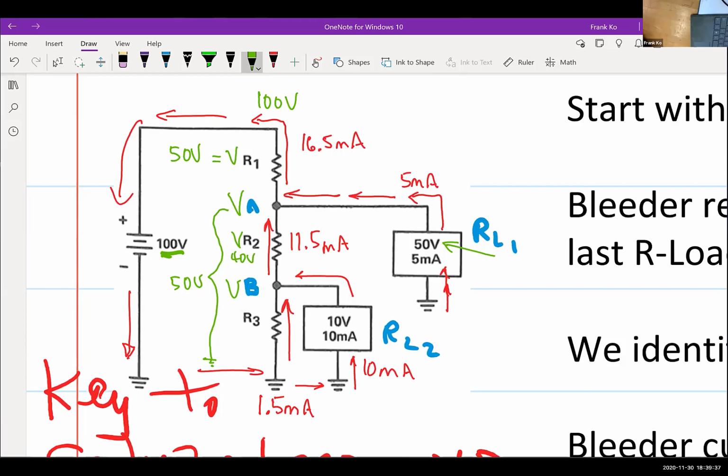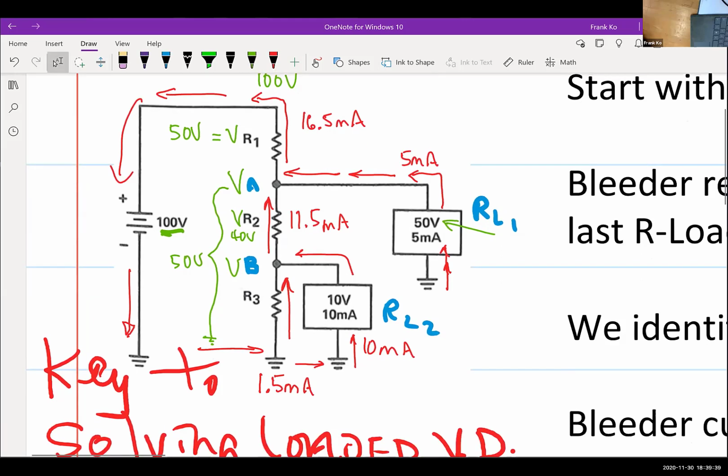How about VR3? VR3 is the same as my load, RL2. Yes, R3 is in parallel with the second load resistor. So if the voltage across the second load resistor is 10 volts, then VR3 must also be 10 volts, yes? So now do we have VR1, VR2, and VR3? Yes.